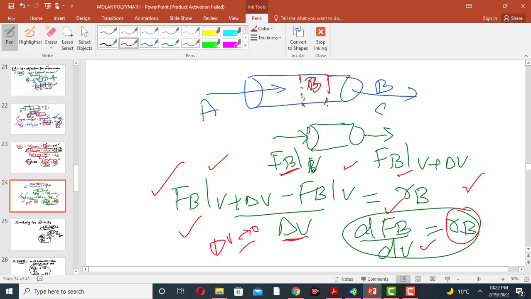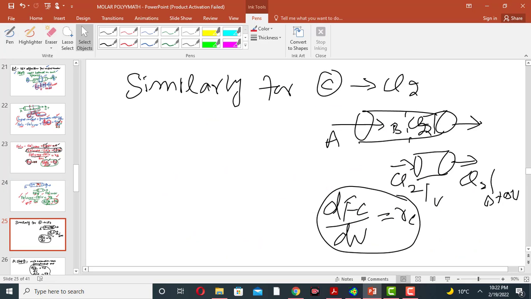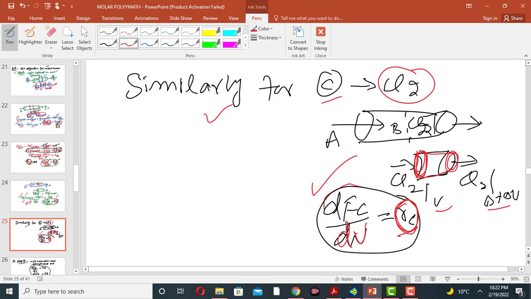So this is the mole balance on component B. Similarly, write the mole balance on component C, which is chlorine. Chlorine is produced here, with an inlet and an outlet, and when we apply the mole balance, dFC divided by dV is equal to RC, the rate of production of component C, which is chlorine.